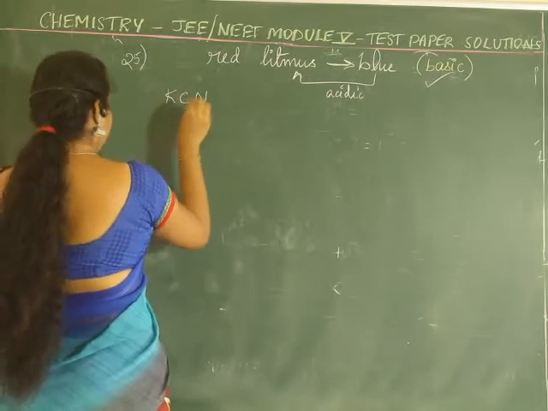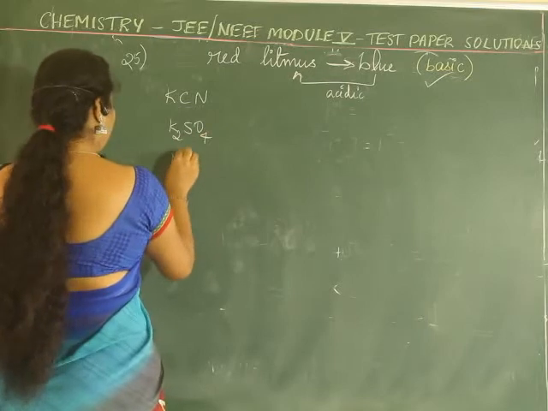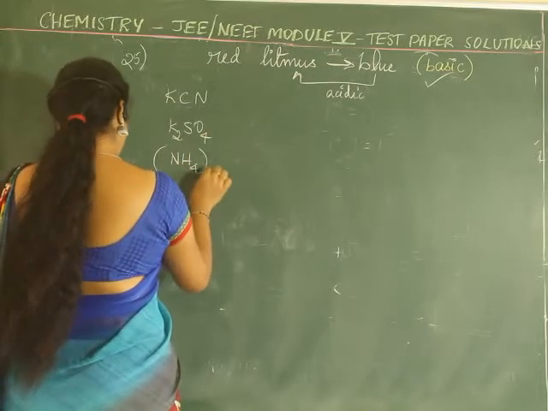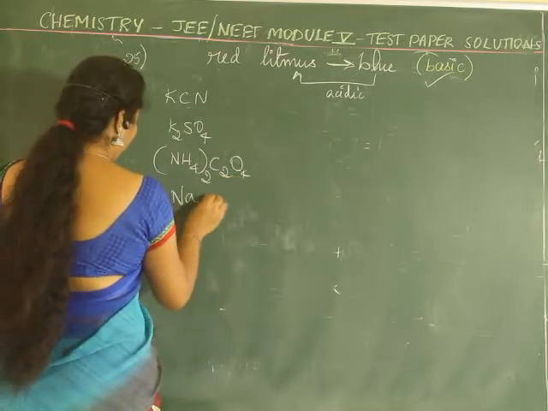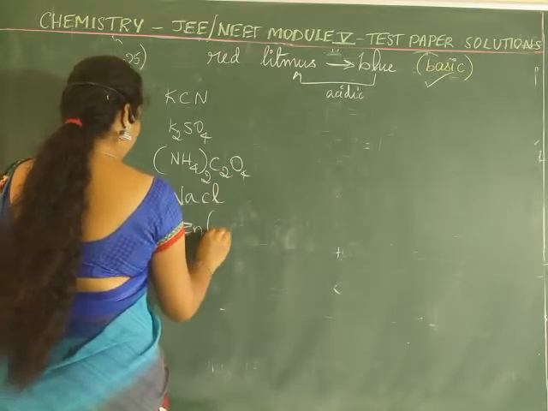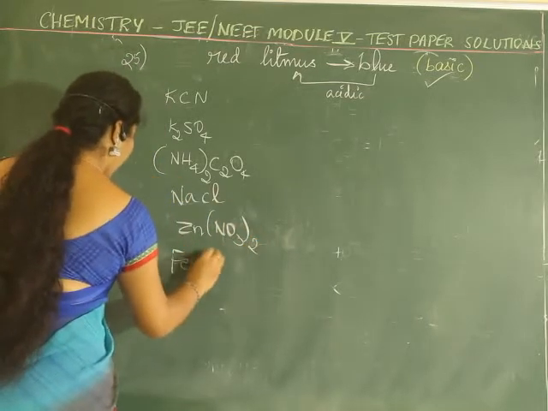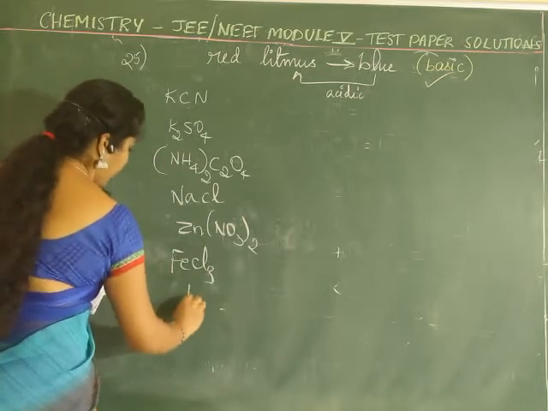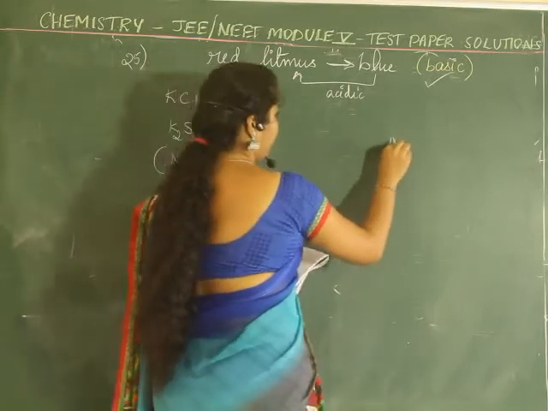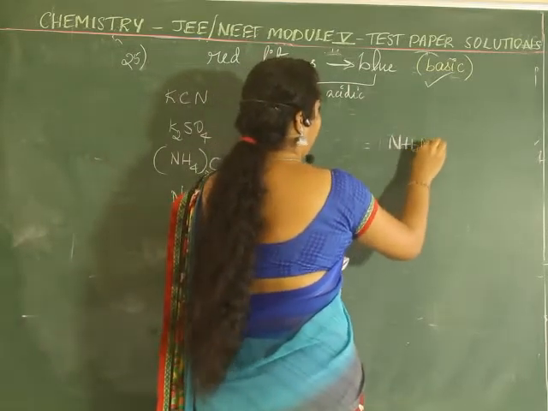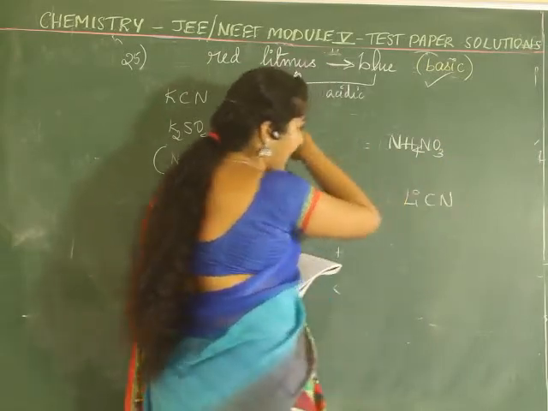I'll write down those: KCN, K2SO4, (NH4)2 ammonium oxalate, sodium chloride, zinc nitrate, iron chloride, that is ferric chloride, potassium carbonate, ammonium nitrate, and lithium cyanide.